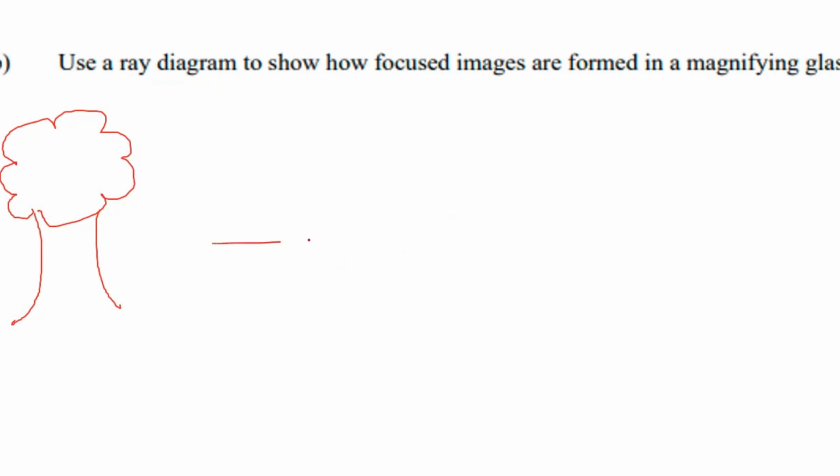So when I looked up this thing recently, it wasn't as difficult as I thought it was. For the magnifying glass, it uses a converging lens. However, the object, let's take for example a car, is placed in front of the principal focus.